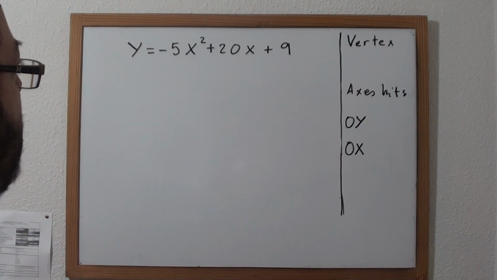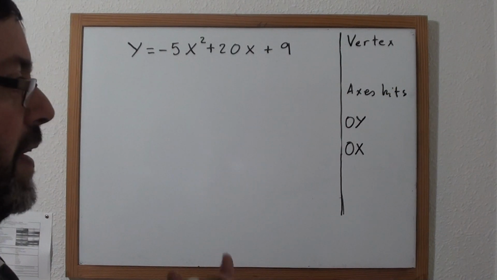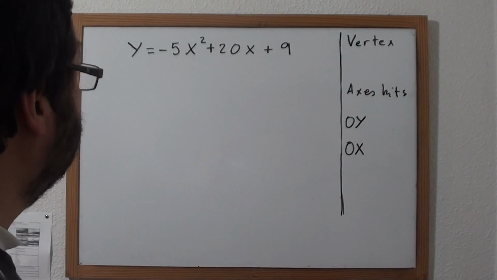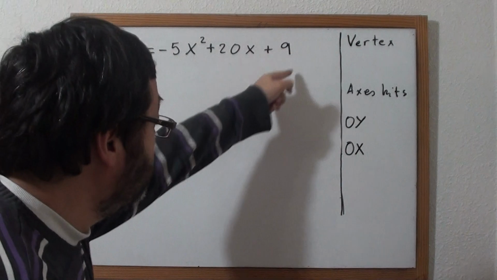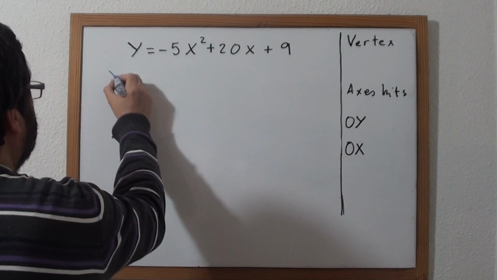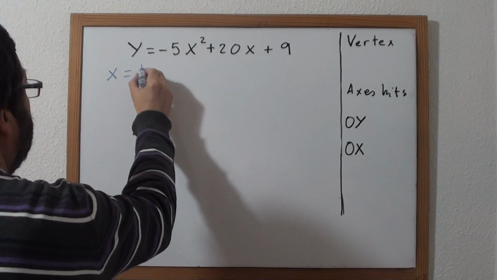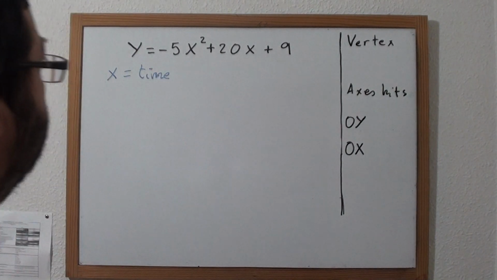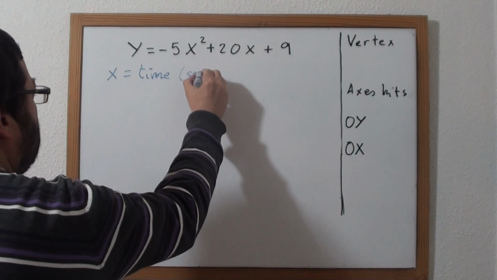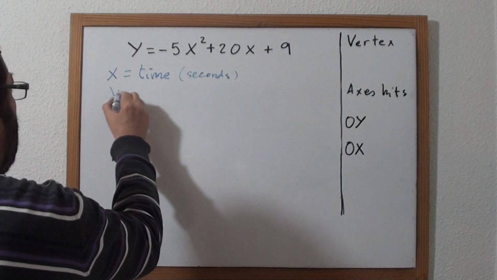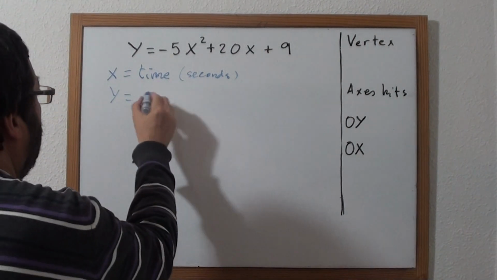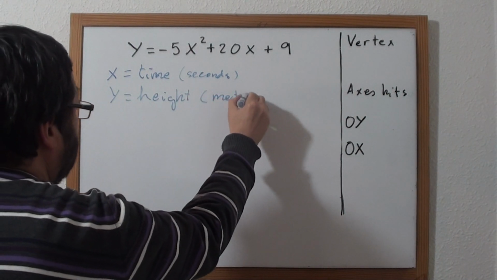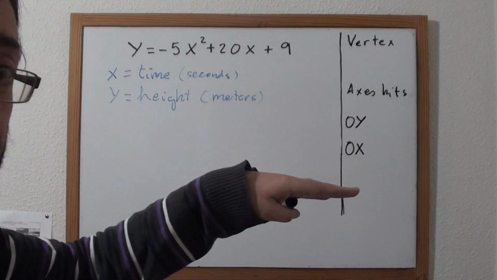We shoot a rubber bullet with one of those guns that shoot rubber bullets, and it follows this equation, this function, in which x is going to be the time since we shoot, given in seconds, and the y is going to be the height given in meters, the height from the ground.